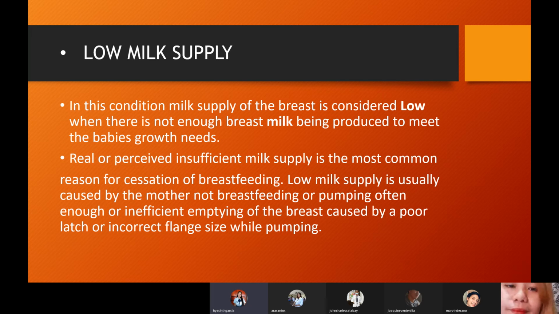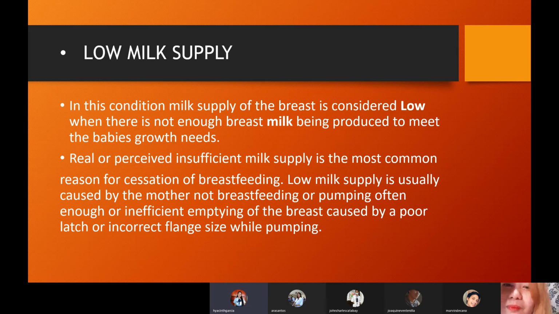Yes, ma'am. So lastly, low milk supply. In this condition, milk supply of the breast is considered low when there is not enough breast milk being produced to meet the baby's growth needs.